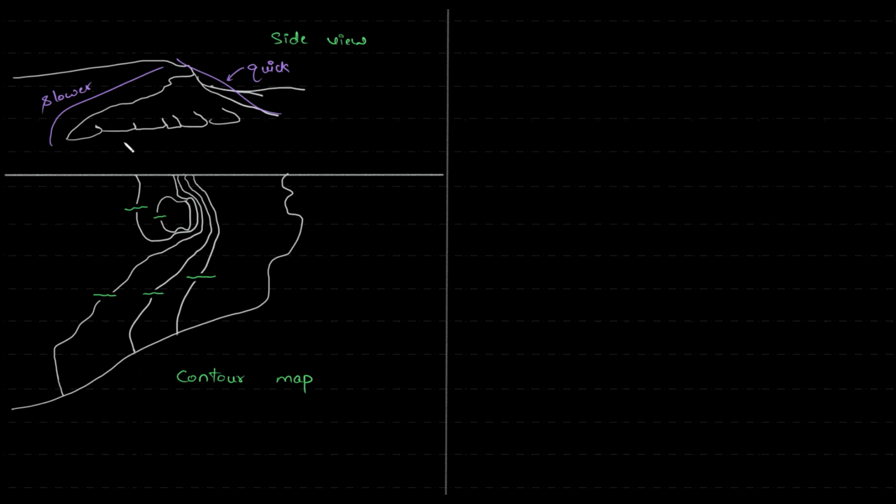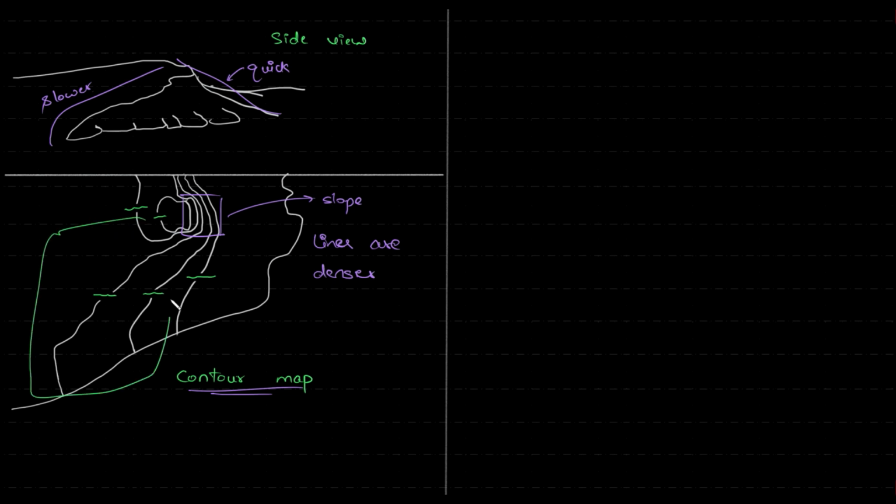Now, when we look at the contour map, what can we tell? This set of lines wherein we are moving quicker, the slope is more. The lines are denser. Agree? Here in this space wherein we are moving very slowly, the line density is lesser. See, this diagram is not exact.